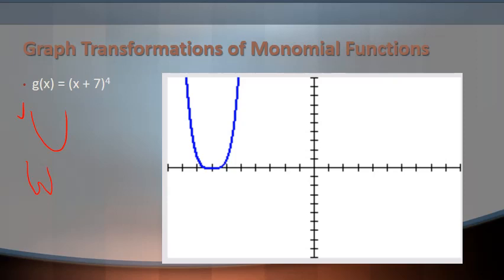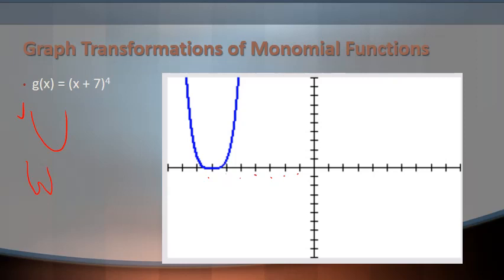And so here's the graph. It does have that basic parabola shape. And let's see, we have translated it 1, 2, 3, 4, 5, 6, 7 places to the left, going down the x-axis, where the intercept is at -7. And there we go.